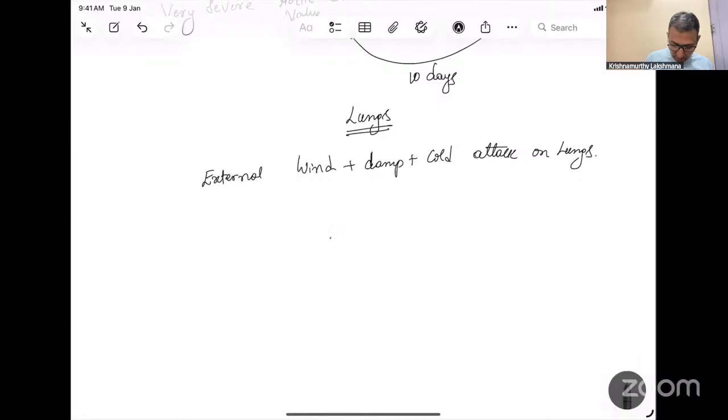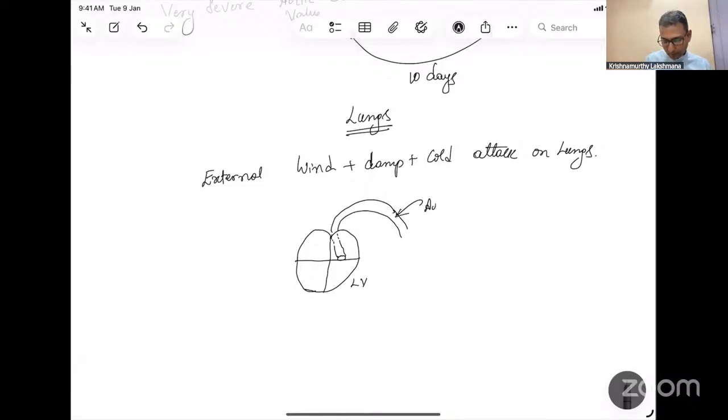Now the heart is there. This is the left ventricle, and from there is a valve, and from there the blood goes out into the aorta. This valve, which controls the blood to the aorta, is called the aortic valve.